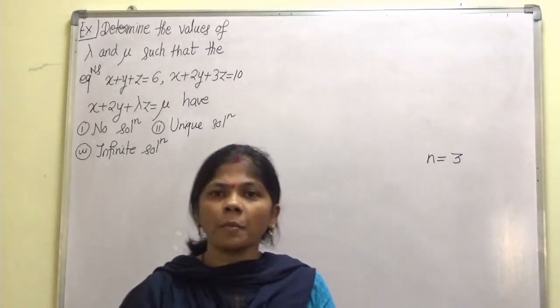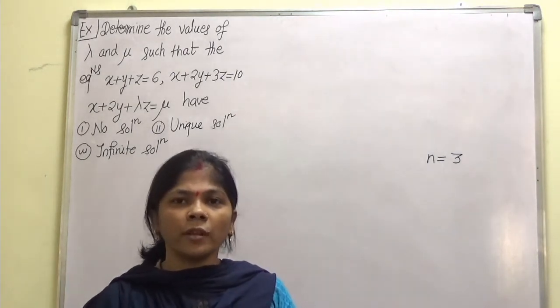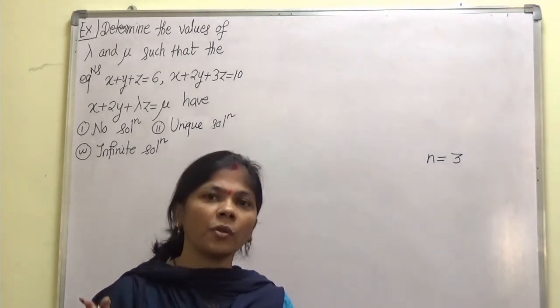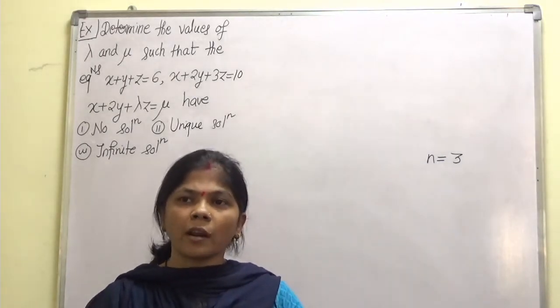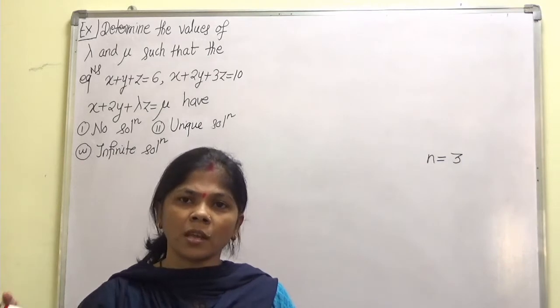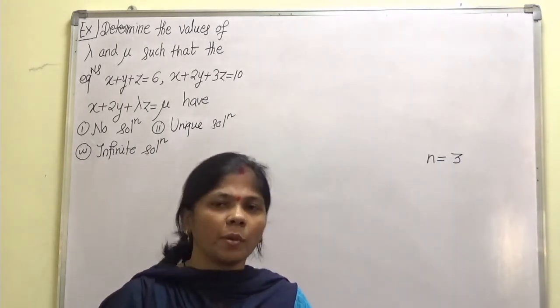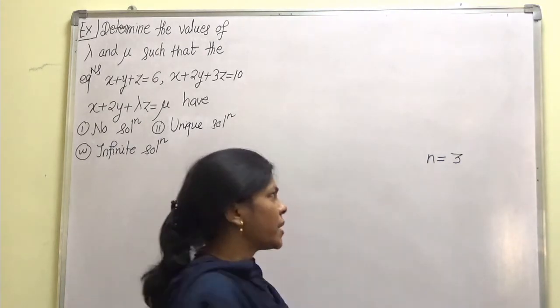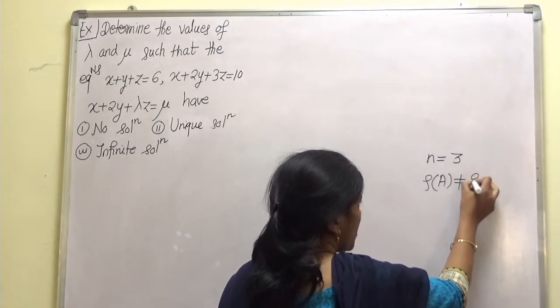The rank of A must not be equal to the rank of K. Now, if you observe this carefully, the rank of K can be at most 3. So we will have to show that if the rank of K is 3, then the rank of A must be less than 3. It means it may be 2 or it may be 1. So that is the condition for no solution, that the rank of A must not be equal to the rank of K.